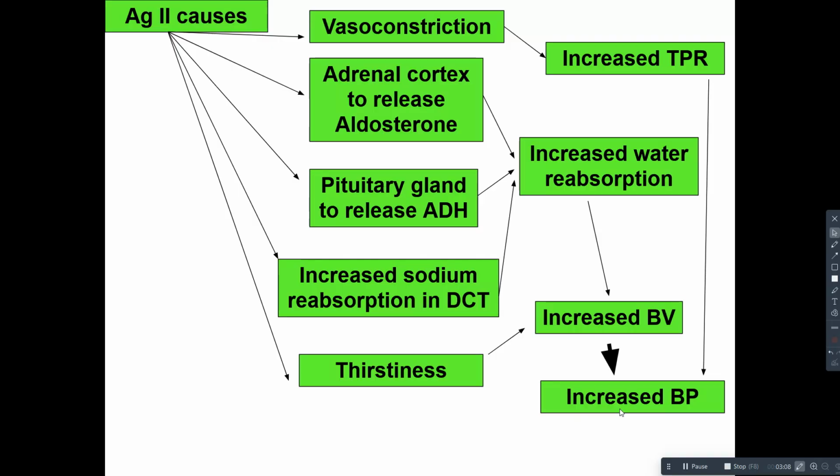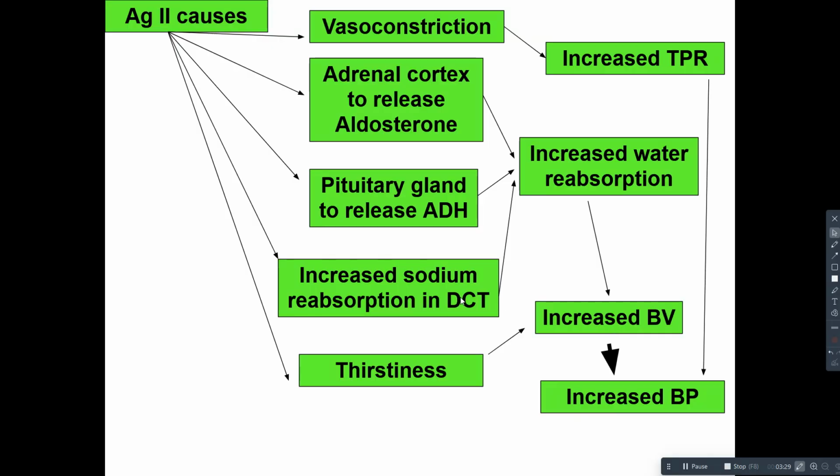Plus, angiotensin 2 causes the release of two hormones. The adrenal cortex releases aldosterone, and the posterior pituitary gland releases ADH. Both of these increase your water reabsorption, which means you pee less, which increases your blood volume.